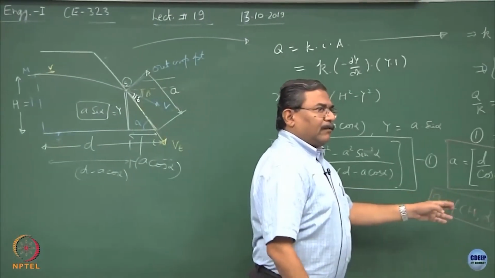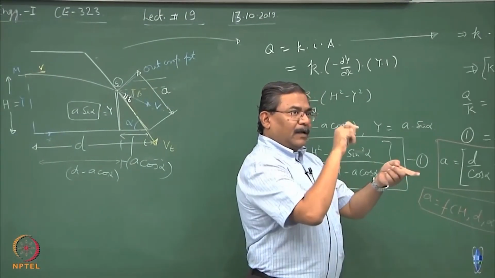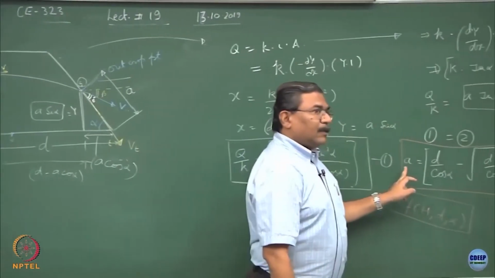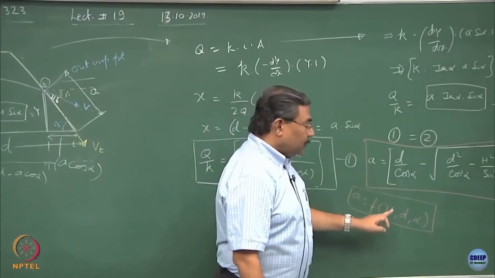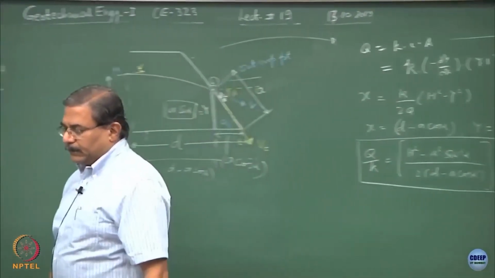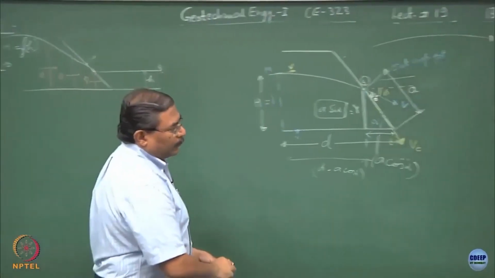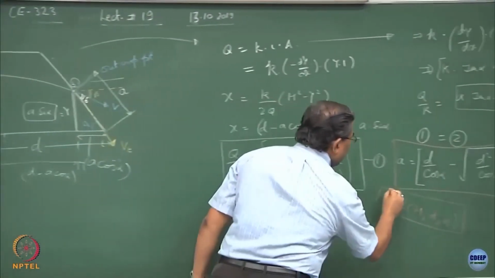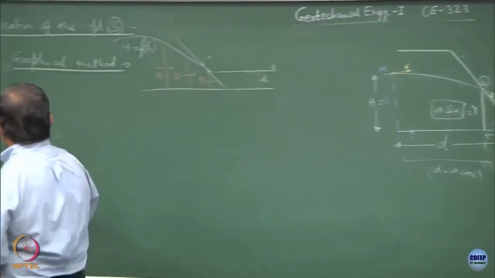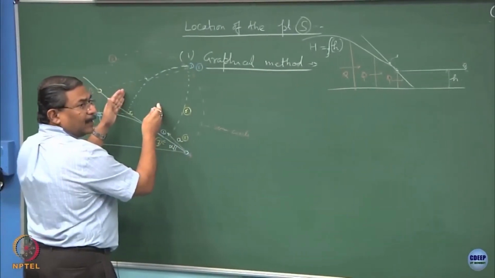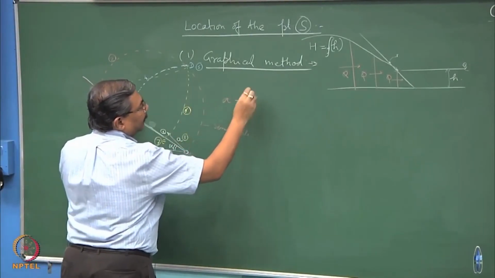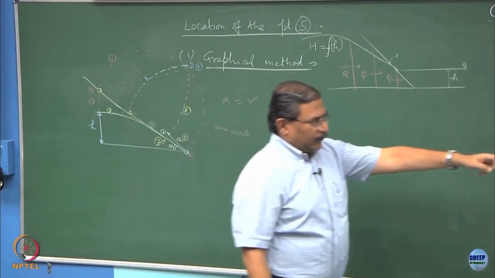It does not matter where I put the tail and the outcrop point, clear, because the location of the outcrop point is only the geometry of the downstream side of the earthen embankment. So, what we have shown is a point, and now please sit down and try to solve this and prove that the A what you get from here is same as the A what you are getting from here.